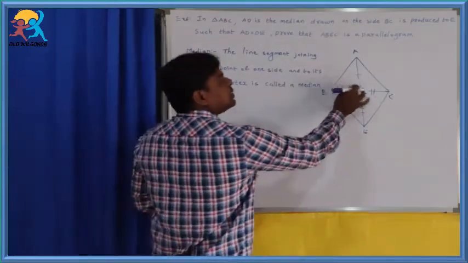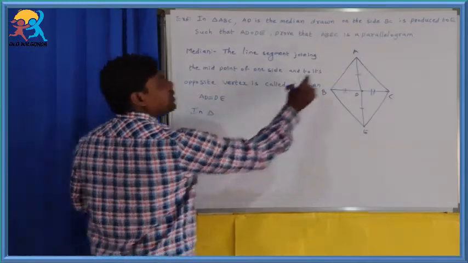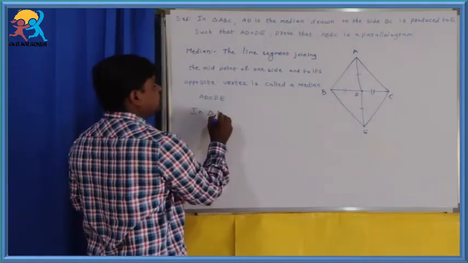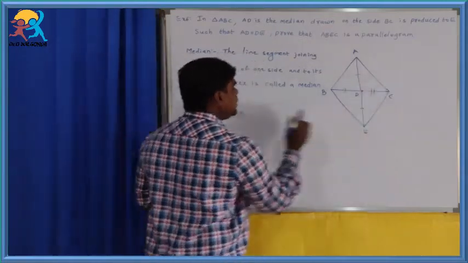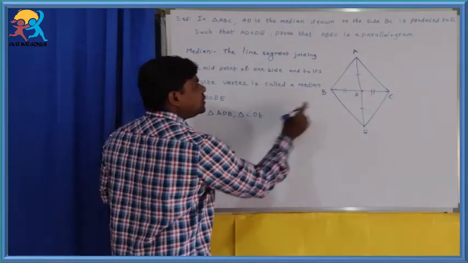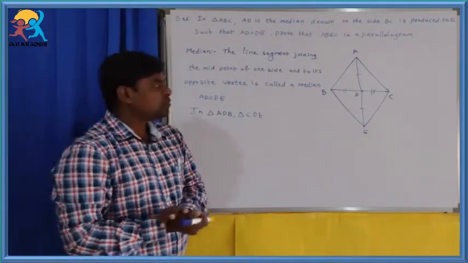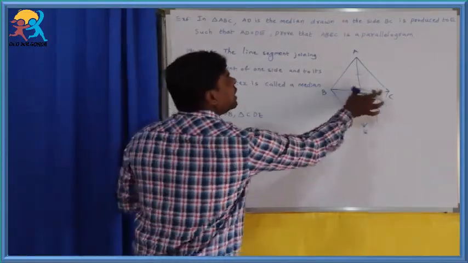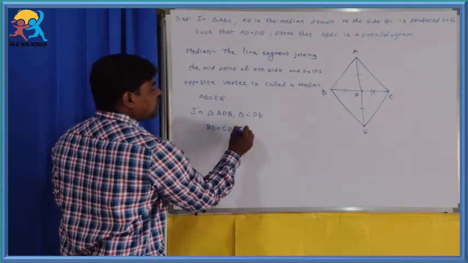Let us take the two triangles. In triangles ADB, comma, triangle CDE, in these two triangles what are equal? I am writing BD is equal to CD. We should write the reason.